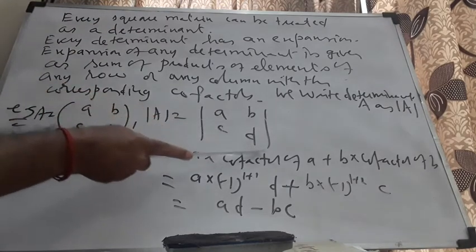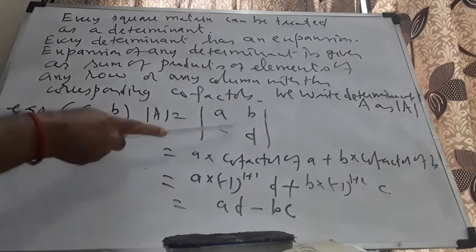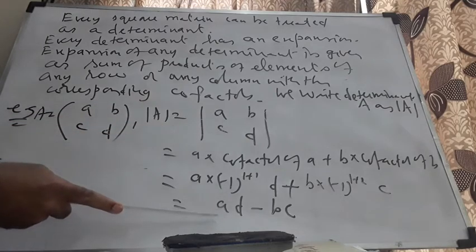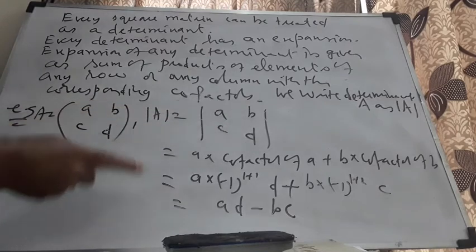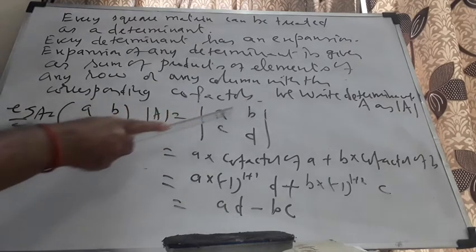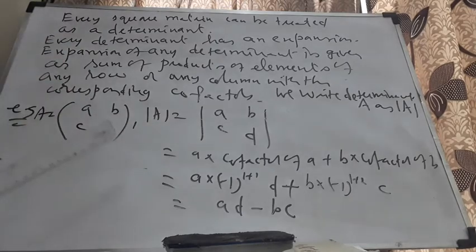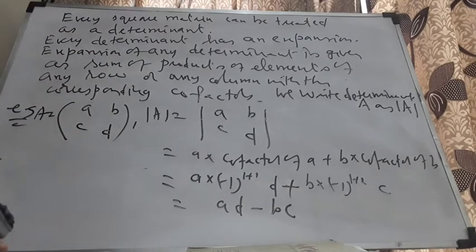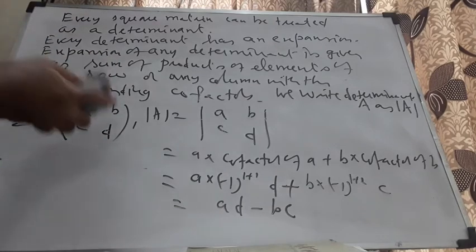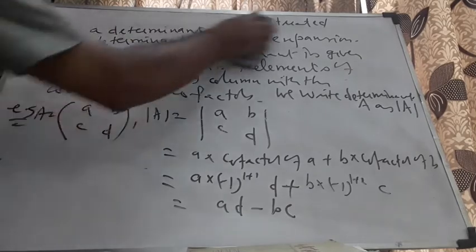Multiply the main diagonal entries minus multiply the secondary diagonal entries, for any 2 by 2 determinant. I repeat, multiply the main diagonal entries, ad, minus the product of the secondary diagonal entries. That is an easier way to remember the expansion of any 2 by 2 determinant. I think it is clear to everybody.